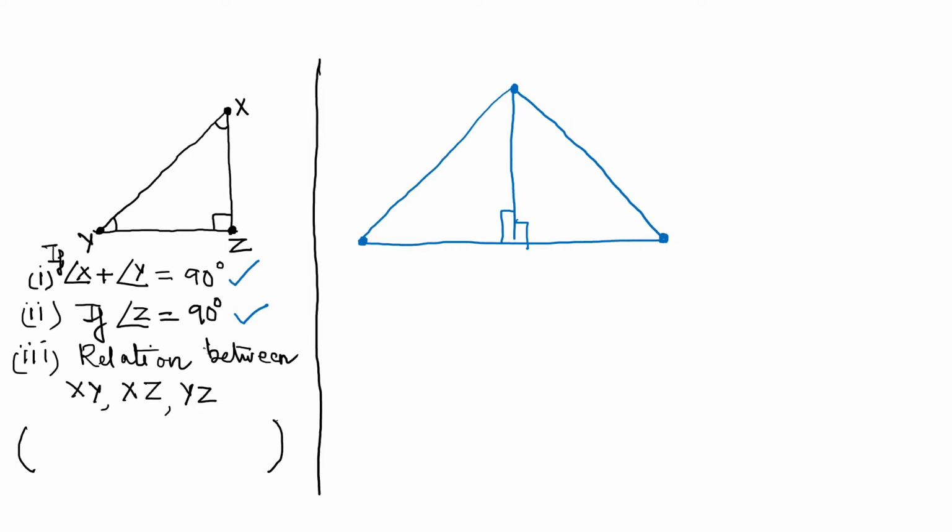Let me take the common perpendicular side as capital P, the base of the first triangle as B1, the base of the second right angle triangle as B2, the hypotenuse of the first right angle triangle as H1, and the hypotenuse of the second right angle triangle as H2. Let me take their vertices as X, Y, Z and W.